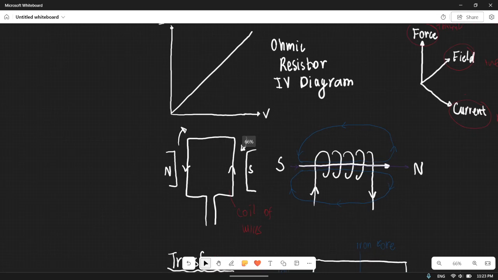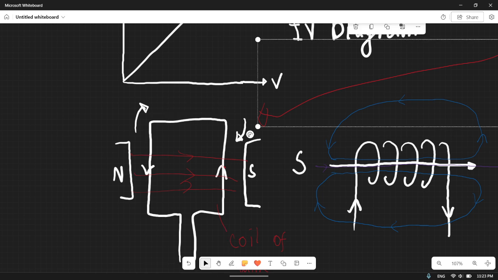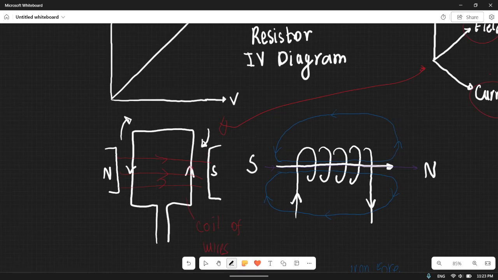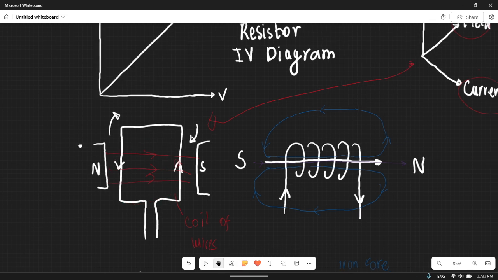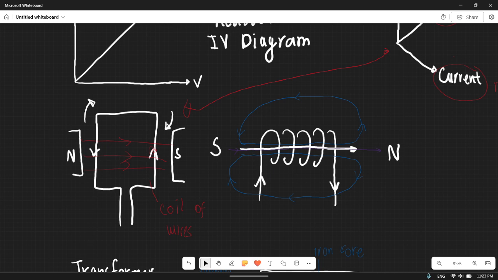You basically have to use the rules over here and apply them over here, because you have a magnetic field which goes from north to south like this, and it's interacting with the magnetic field from the current, which causes it to turn. I don't know if I've been able to explain this properly. This is one of the diagrams, but I will make a separate video on this because I really want to explain unit 4 very well.